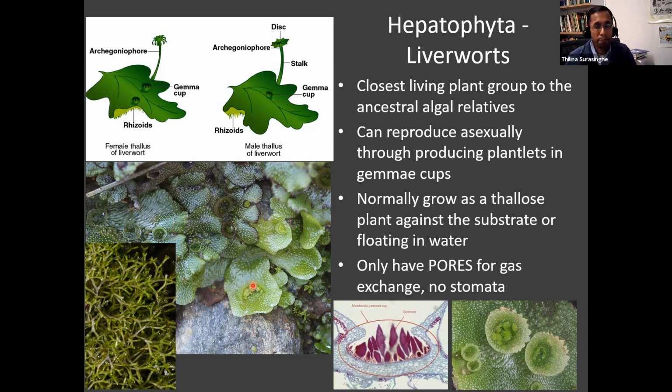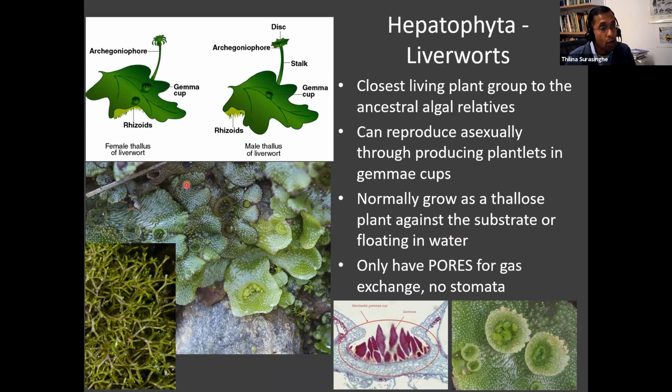It is flat. It doesn't erect upright. It grows horizontally along the substrate. And some of them can grow along surface waters, right? And this is a close-up of a gemma cup, one of those tiny cups on the plant body.